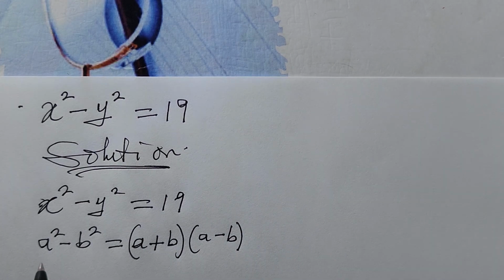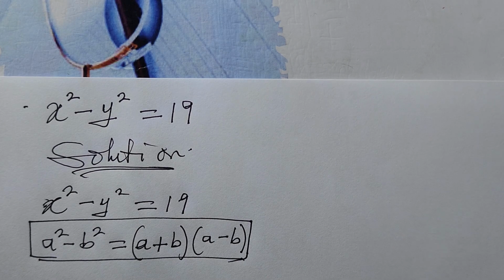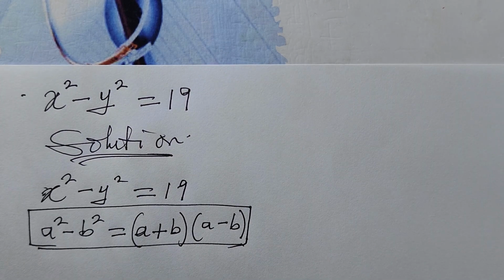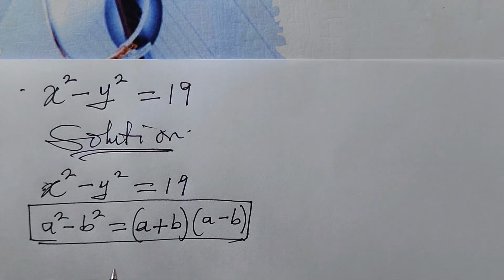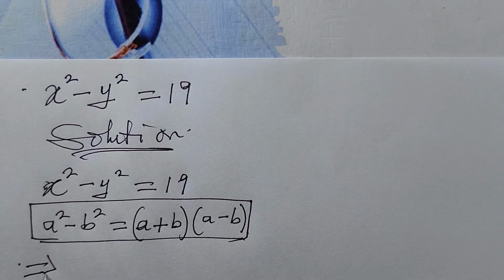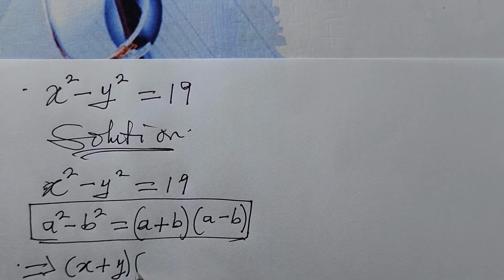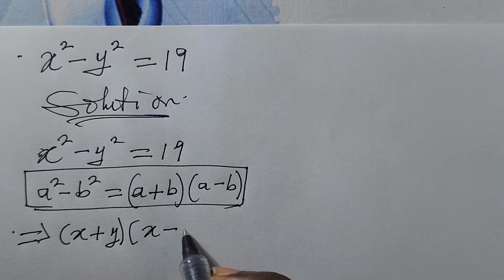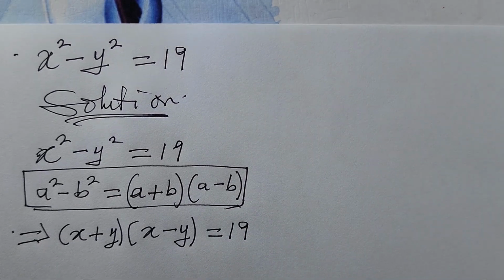So if we consider this special algebraic identity, the left-hand side of our equation is of this kind. We want to express it in this format. So doing that, this now implies that (x plus y)(x minus y) is equal to 19.